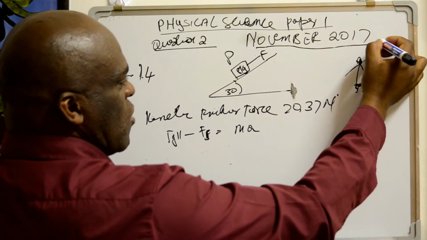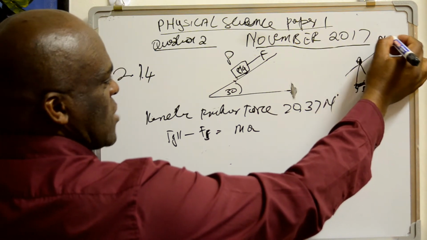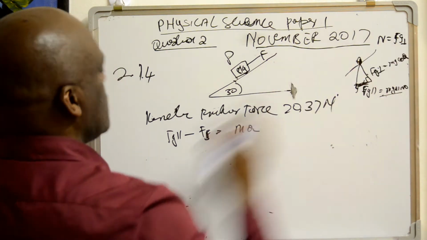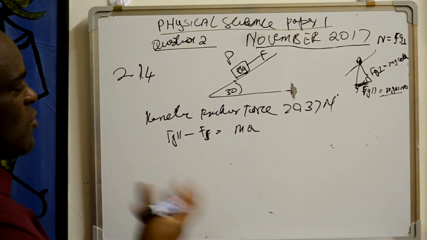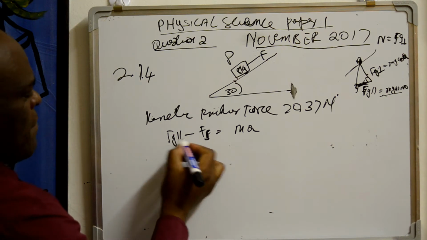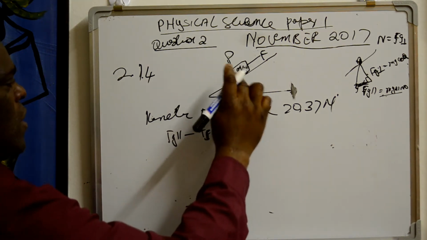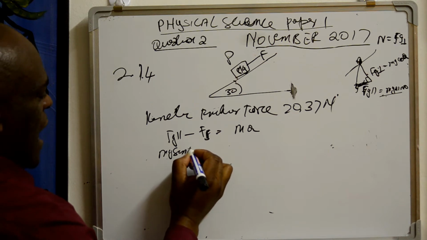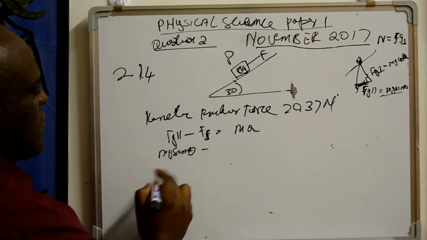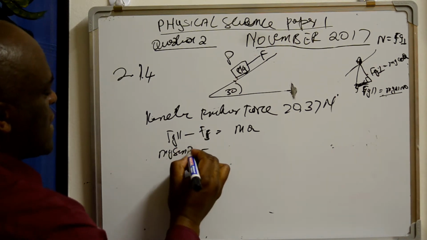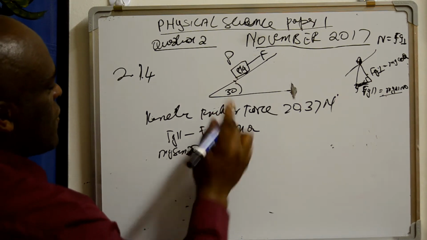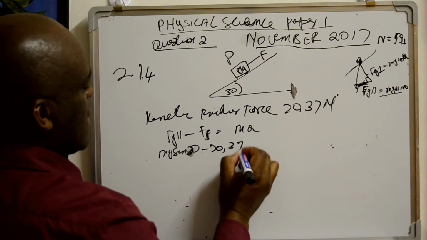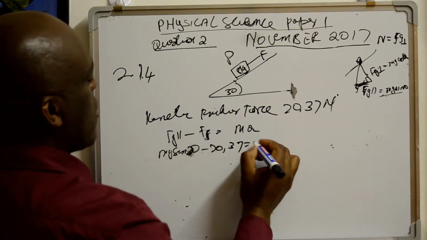I'm just explaining how to get all these things. My Fg parallel will be mg sine theta minus the friction force. What is my friction? It's 20,37.